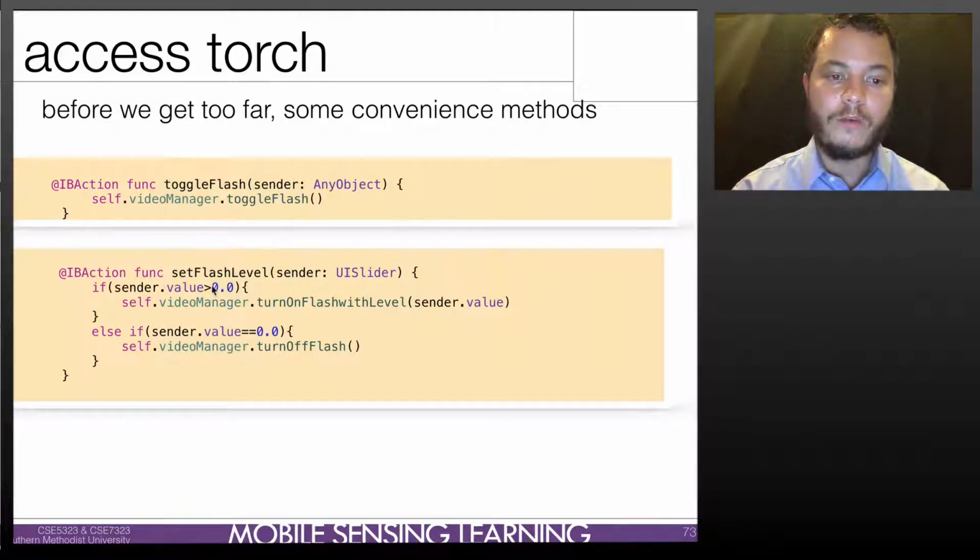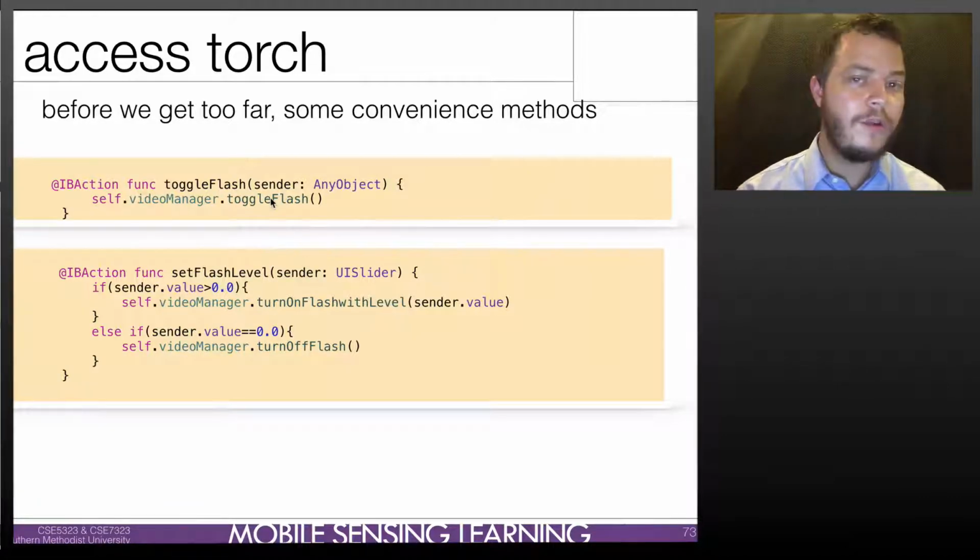Whenever the value is greater than 0, I attempt to turn it on with a certain level between 0 and 1. And if the value is 0, I'll simply call turnOffFlash. Right? There's also a turnOnFlash button in addition to the toggleFlash button. So there's quite a few convenience methods for you to be able to use. You should go ahead and look at the public API for VideoAnalgesic and get an idea of what some of those convenience methods are.